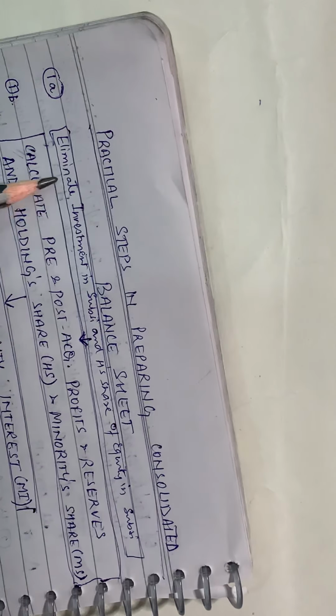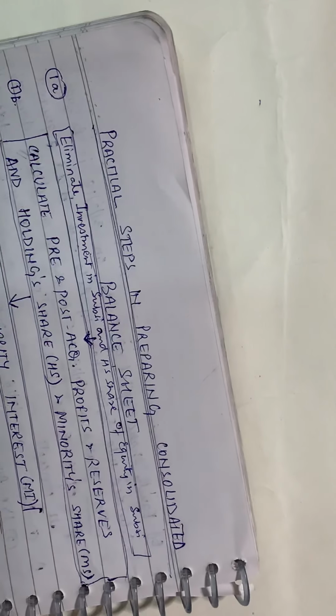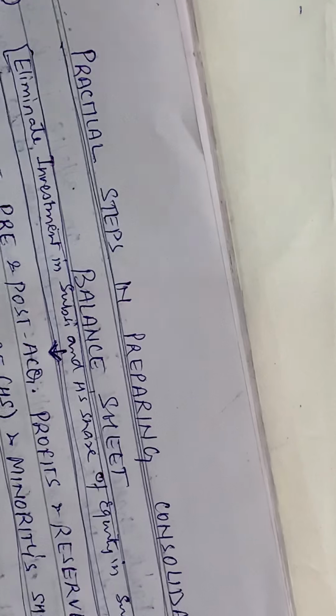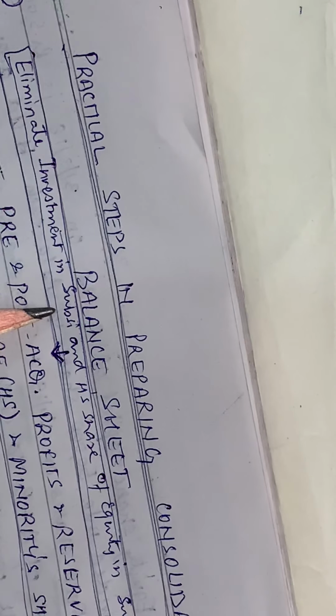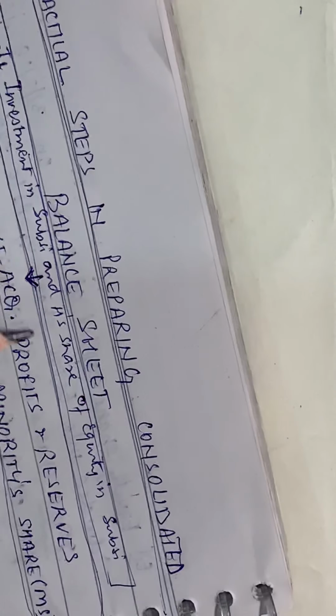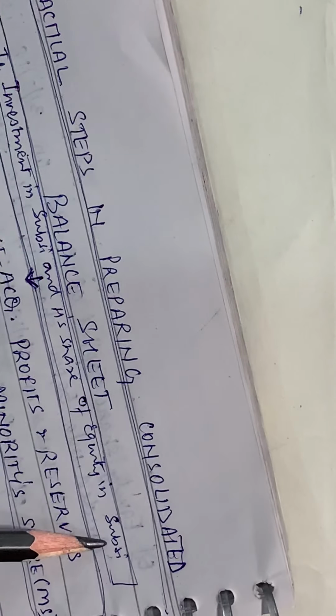The very first step is that you are going to eliminate the investment in subsidiary and the share of holding of equity shares in the subsidiary.